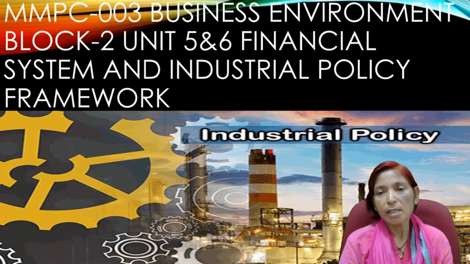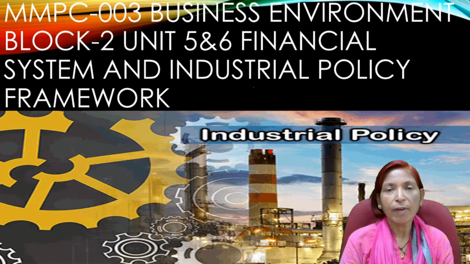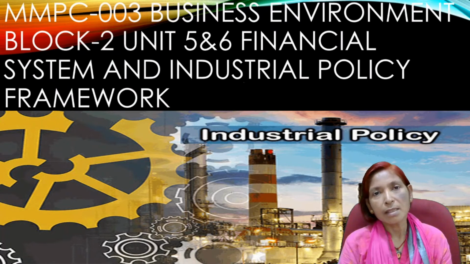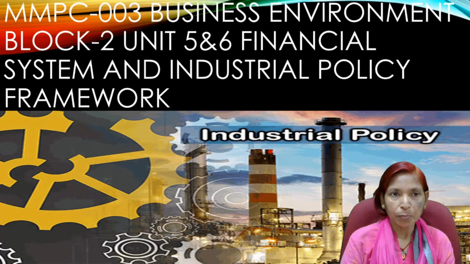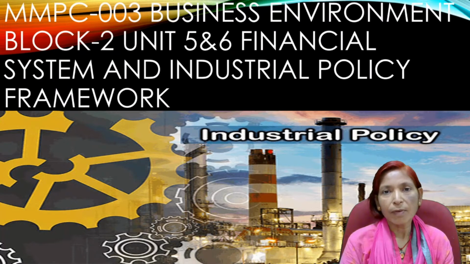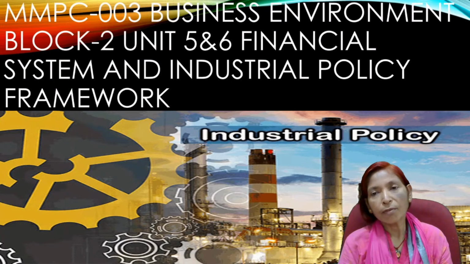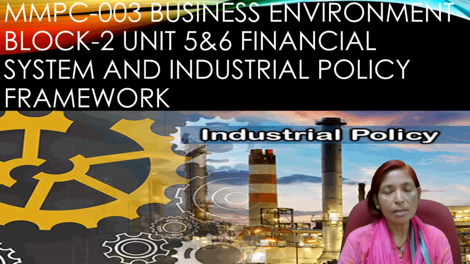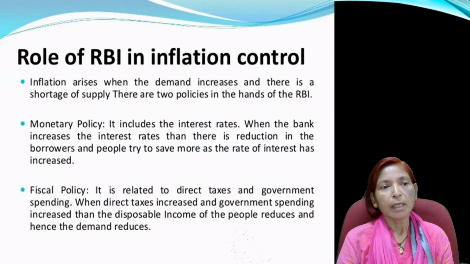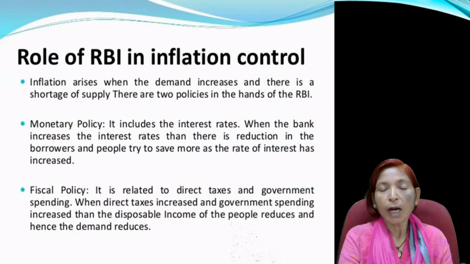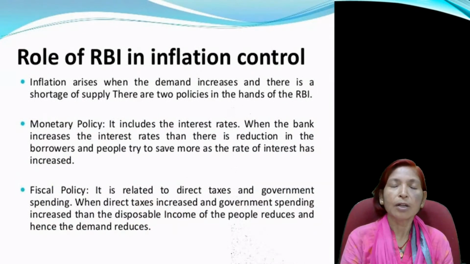So many industrial policies have launched by the government to improve the manufacturing sector and to increase the industrial production and productivity level. So in today's session, we will discuss about whole industrial policies framework and the remaining part of the financial system. So let us start from this topic in role of RBI in inflation control.